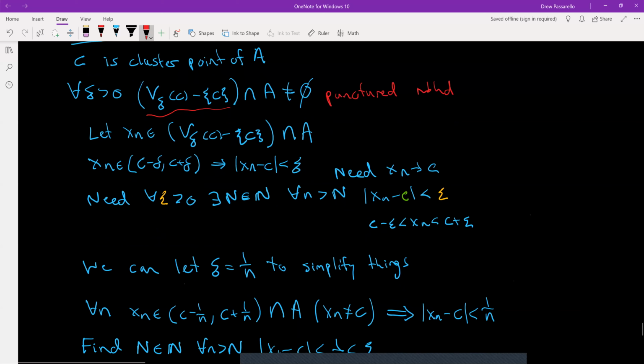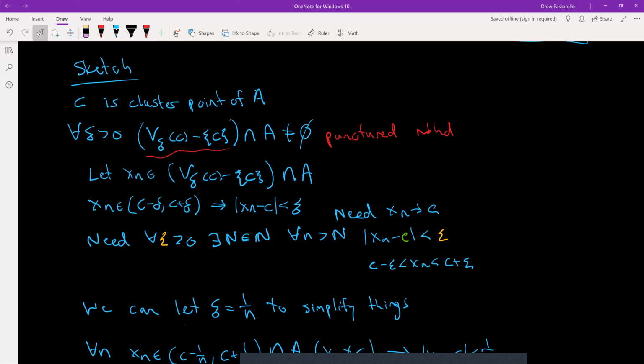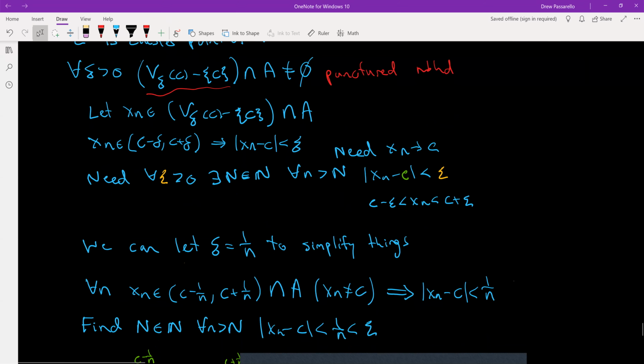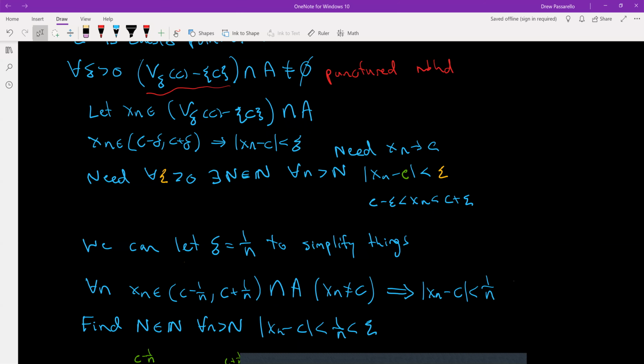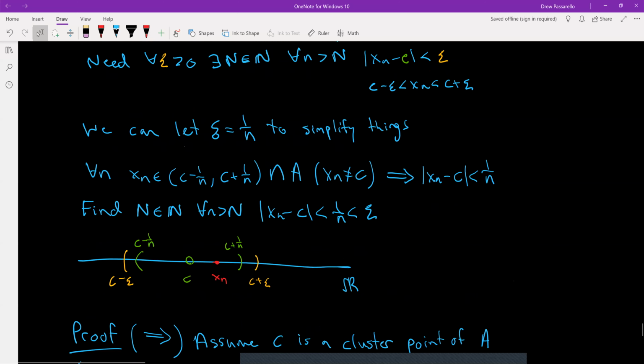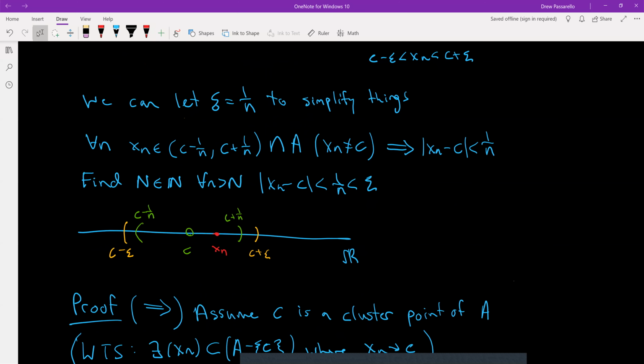So we know this is a cluster point and it applies for all delta. Since it applies for all delta, let delta be 1 over n. Then for all xn in the open interval C minus 1 over n, C plus 1 over n, intersect A, where xn is not equal to C, we have that the absolute value of xn minus C is less than 1 over n.